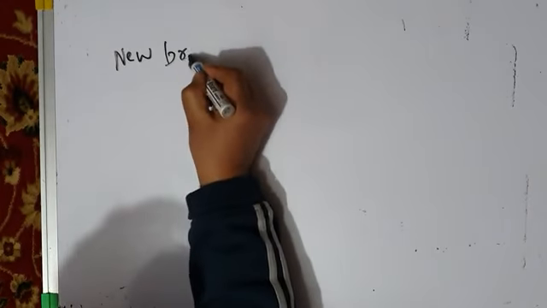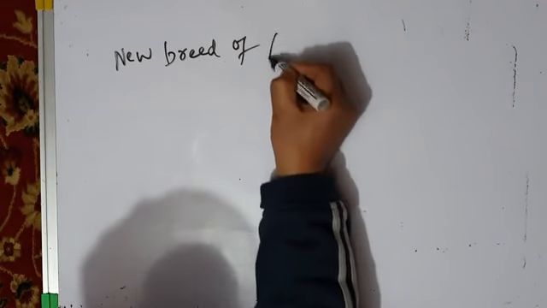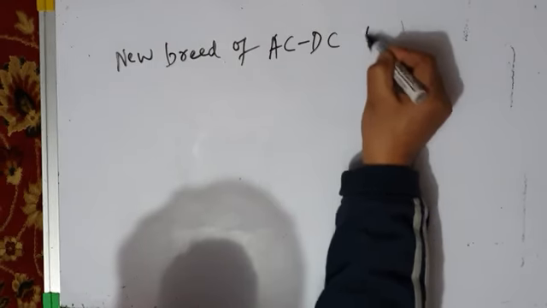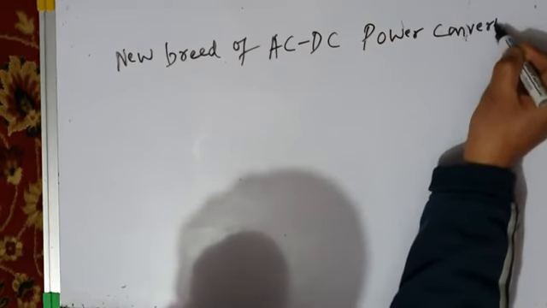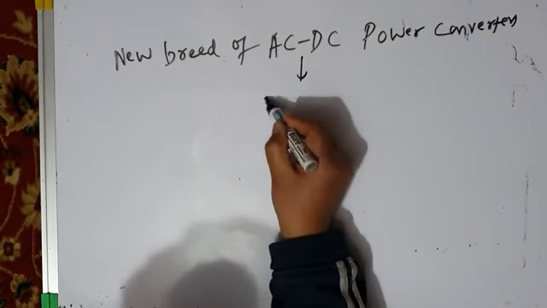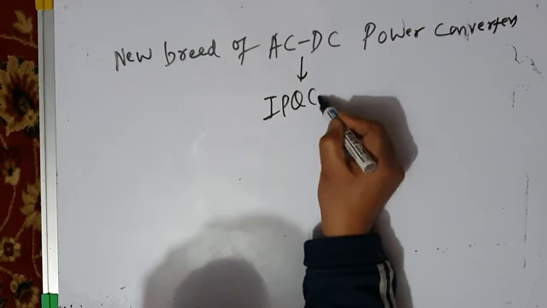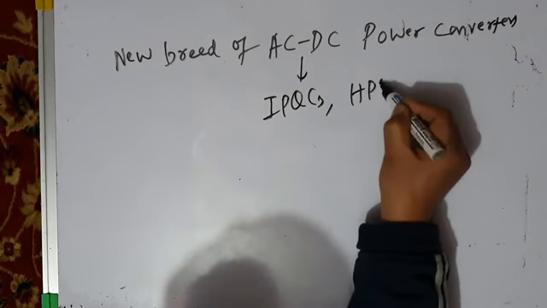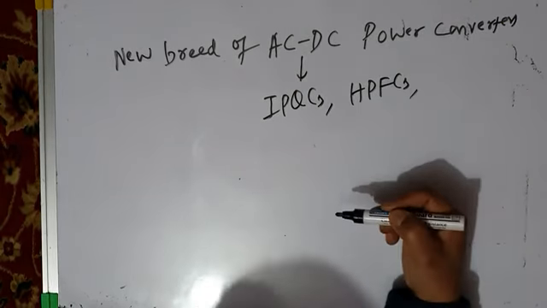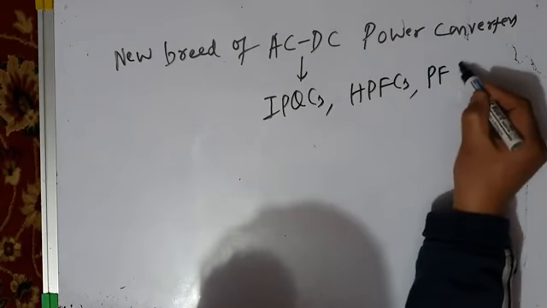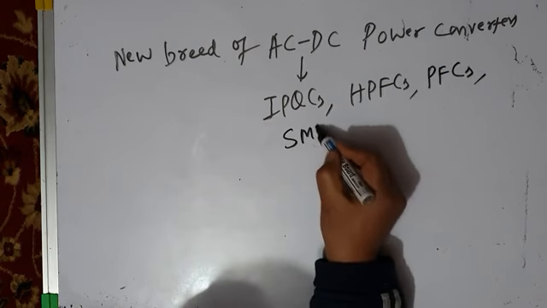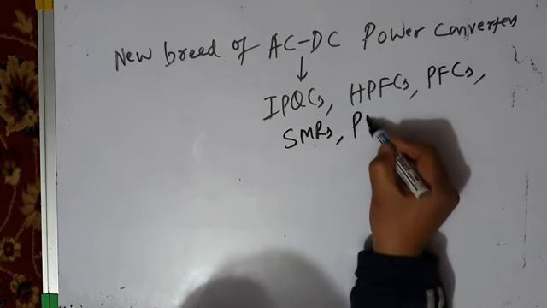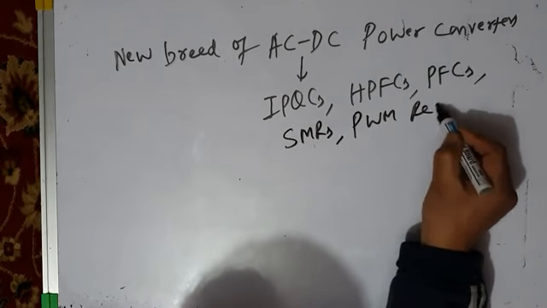So this gave rise to a new generation of AC to DC power converters. This new breed of AC to DC power converters was called improved power quality converters, IPQCs, or high power factor converters, or power factor correction converters, or switched mode rectifiers, or PWM rectifiers.